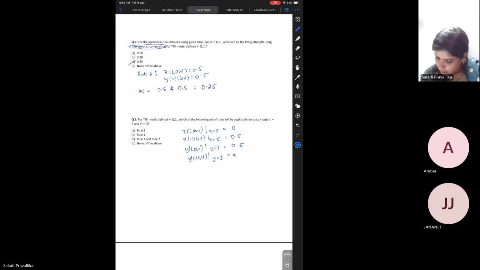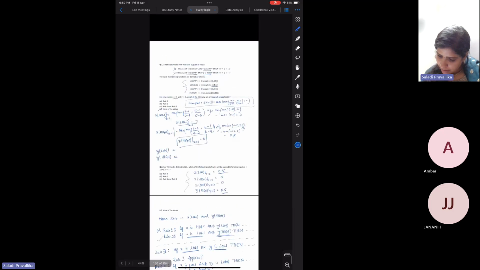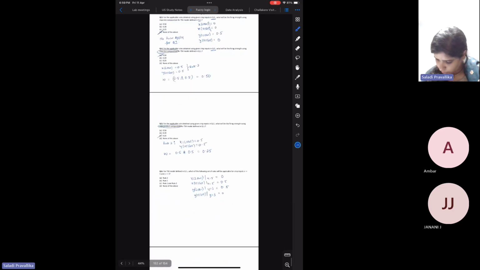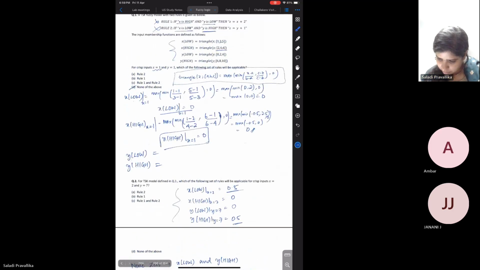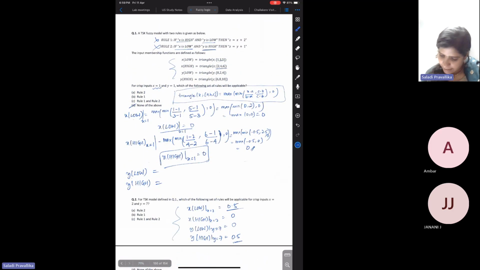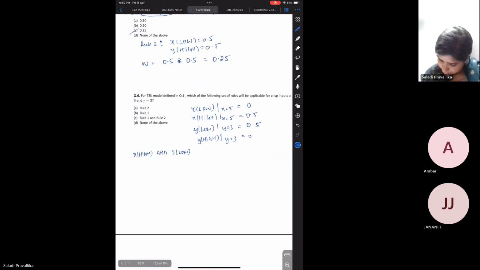So what are the rules that we have? Rule 1 is x is high and y is low. The second one is x is low, y is high.